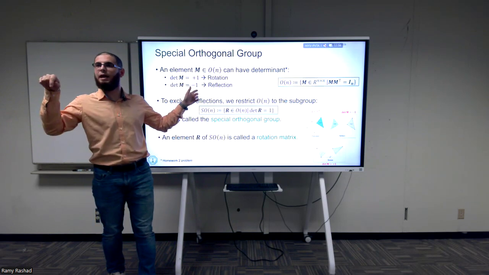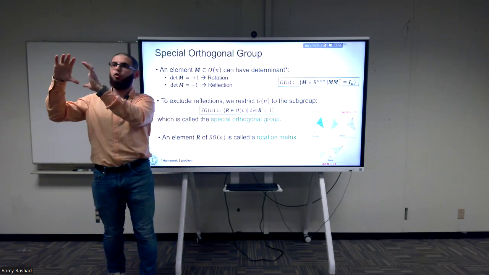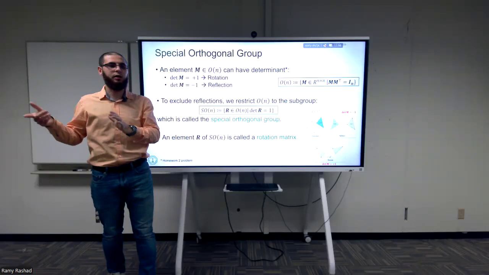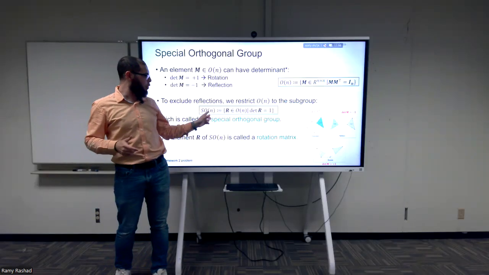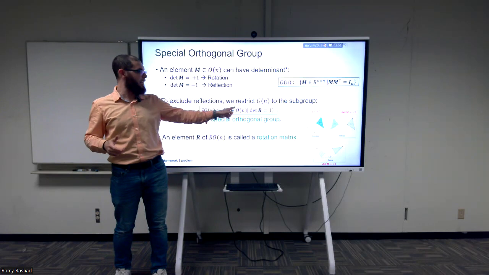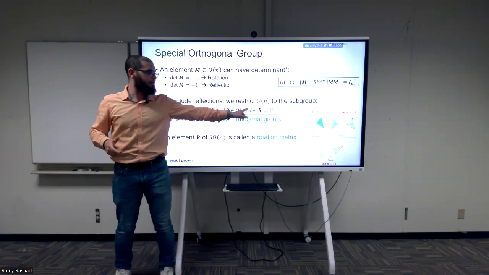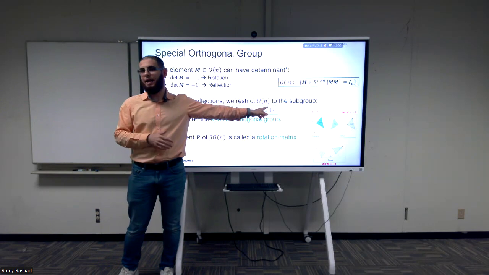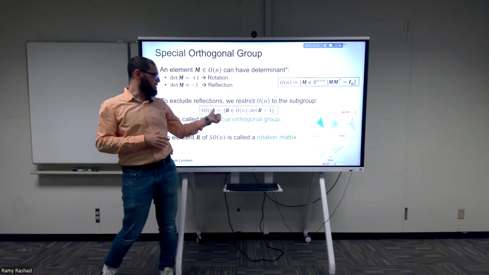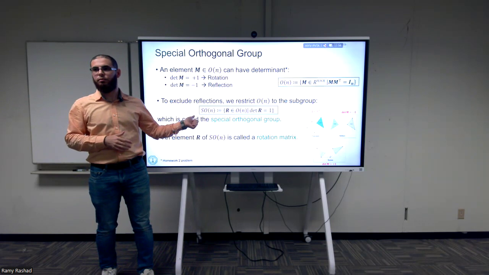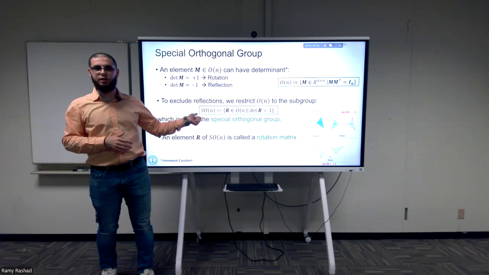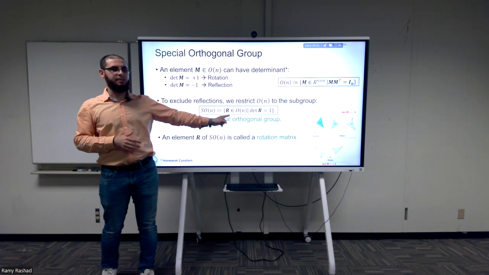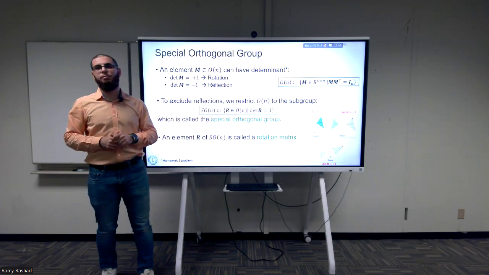So instead of looking at the orthogonal group of n, we add one condition: we look at all of the elements of the orthogonal group that have determinant exactly equal to 1. We rule out everything that has determinant -1. This is called the special orthogonal group, and elements of it are called rotation matrices.